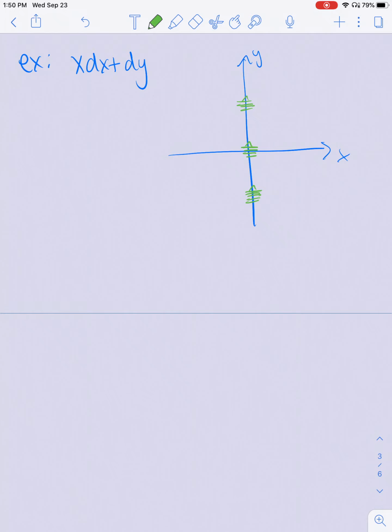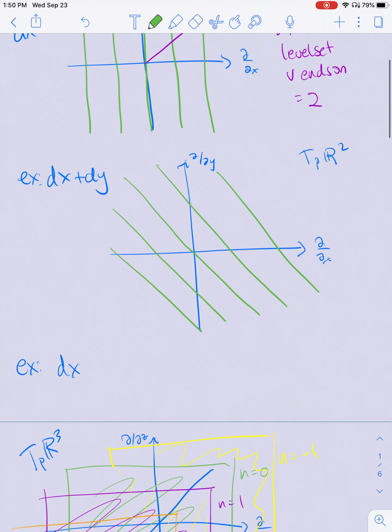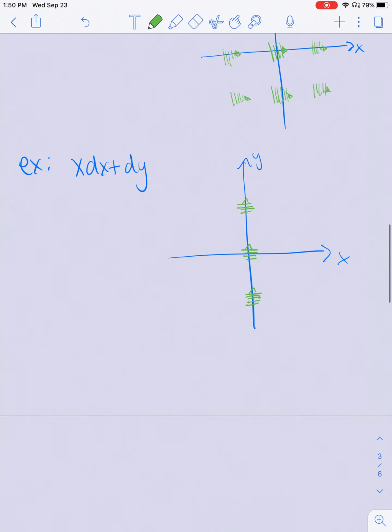But now as x increases, if x equals 1, I better have a picture like this one everywhere along the line x equals 1. So I'll draw those. And when x equals -1, I should have this opposite picture. And then as x gets larger or more negative, the line should get steeper and steeper.